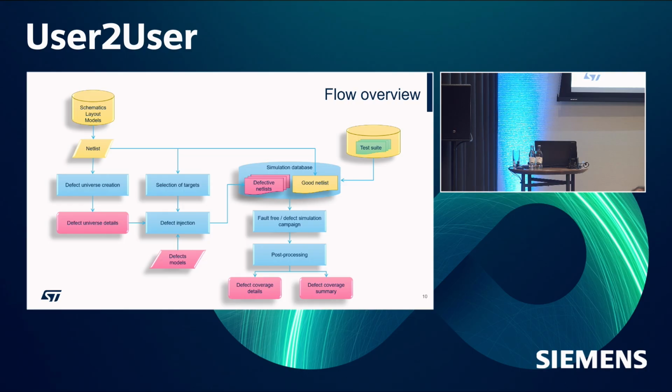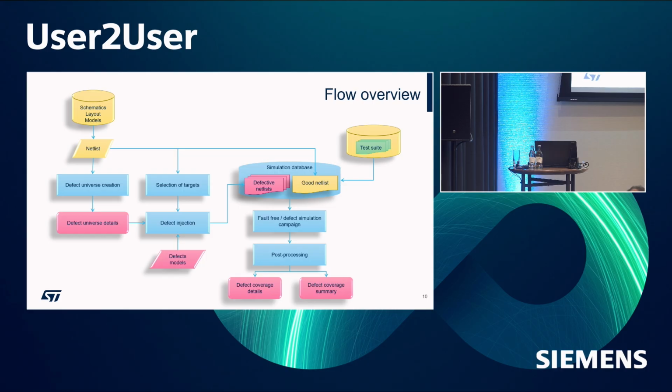Then there are the blue boxes, where I intended to put the actions of the tool. What the tool is doing is creating the defect universe, selecting the target devices where to inject the faults, injecting the faults, simulating the defective netlist, and then performing the analysis.